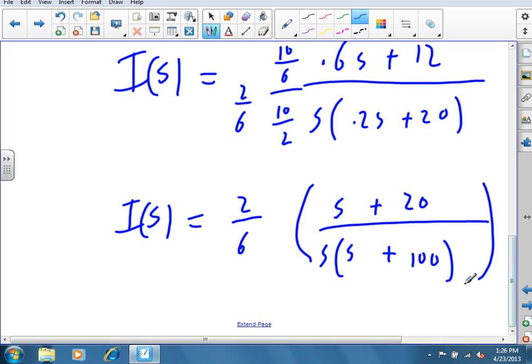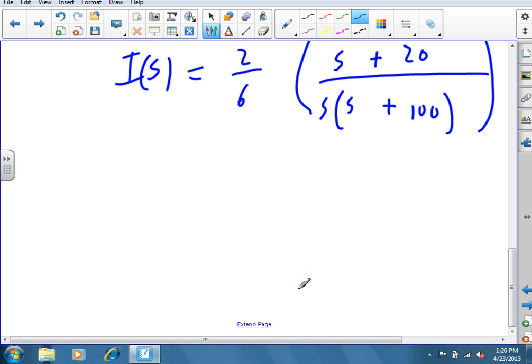So that's what I've got. I'll probably do a partial fraction on that after I blow my nose. So I'd say A over S plus B over S plus 100.